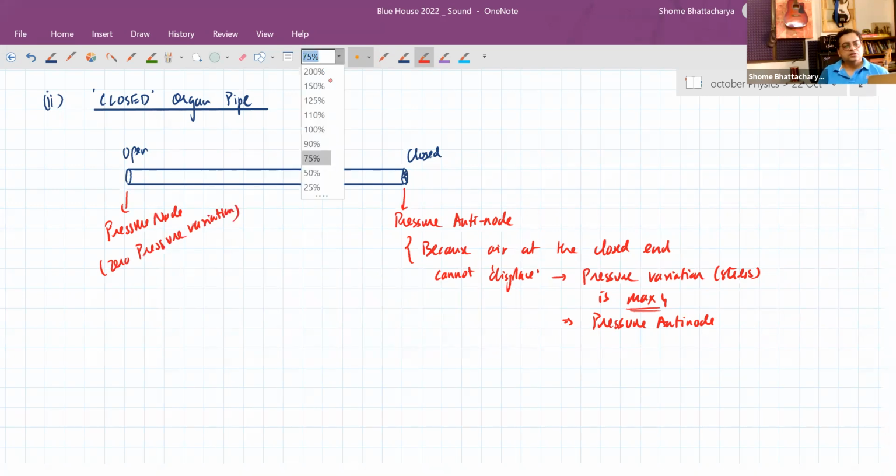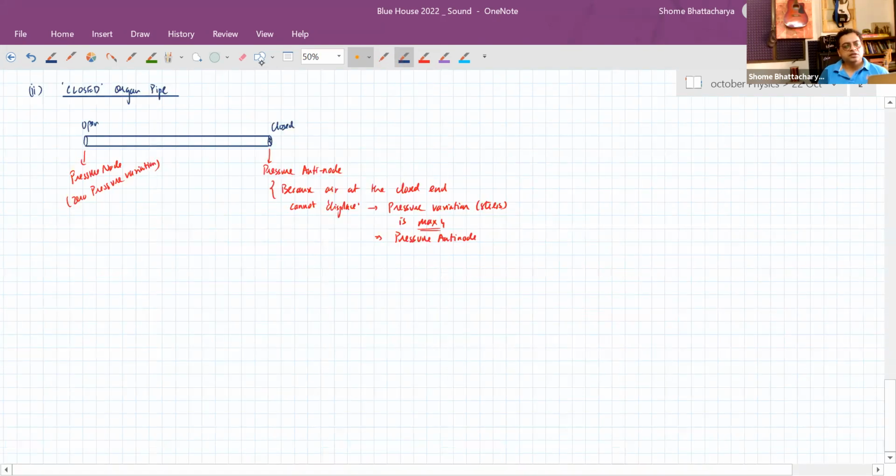So this is like the case of the string, which had one rigid boundary and one flexible boundary.